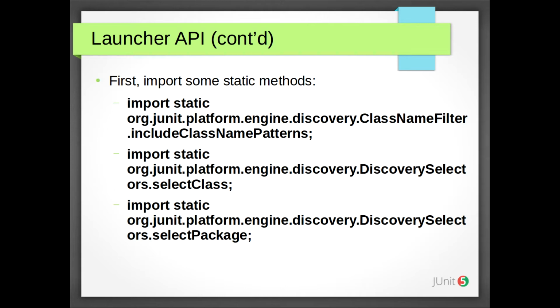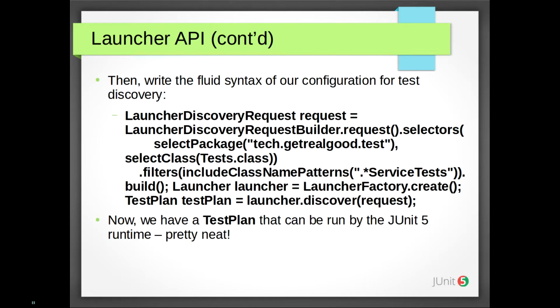Let us go to next slide. Then, write the fluent syntax of our configuration for test discovery. And I'm going to give you about a minute to study this line of code.